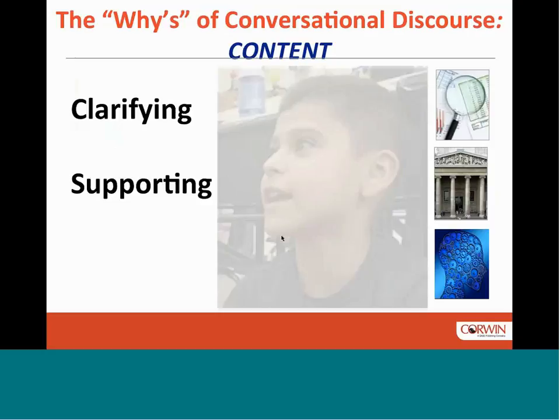Second, supporting ideas with evidence and reasoning is vital across disciplines, and conversations push students to practice supporting ideas and asking one another for support. And third, lots of thinking can happen in conversations, such as interpretation, application, argumentation, comparison, and making inferences about causes and effects. All this thinking requires and pushes students to use academic language.